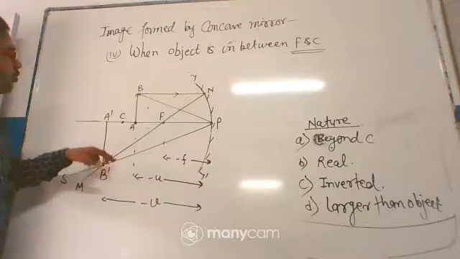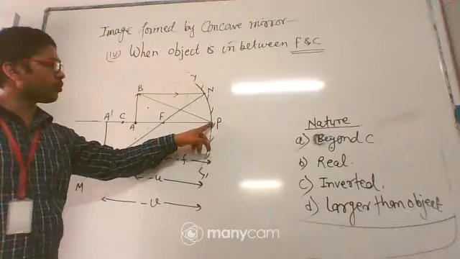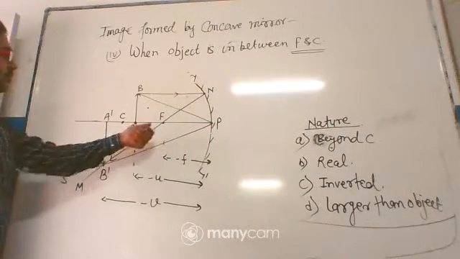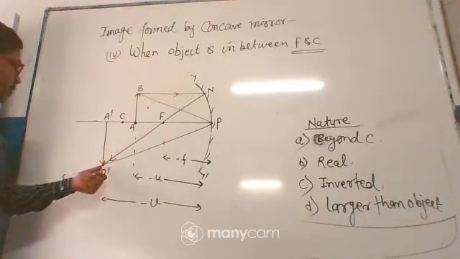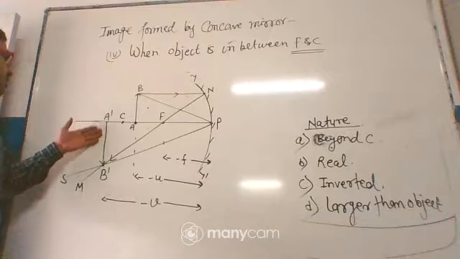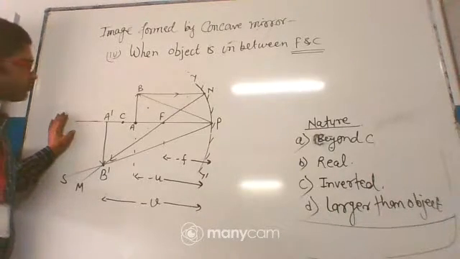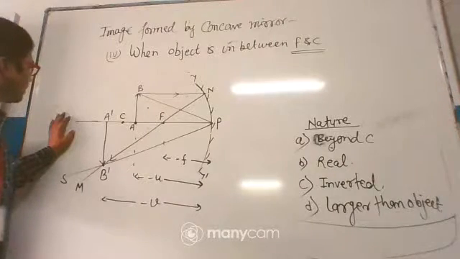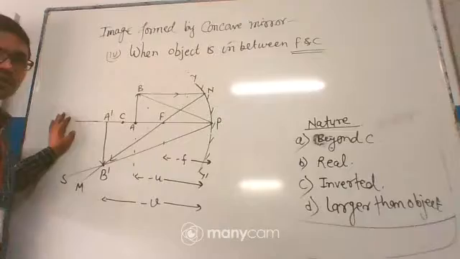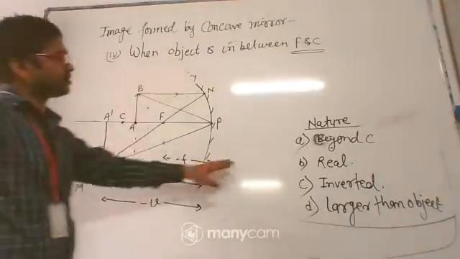And the second ray is always reflected from the pole and intersects the ray which is passing through the focus at some point, and at the point of intersection is the position of the image. It means the point of intersection of the two rays is the point where the image is formed, right? So you can write this one, and this is the nature.